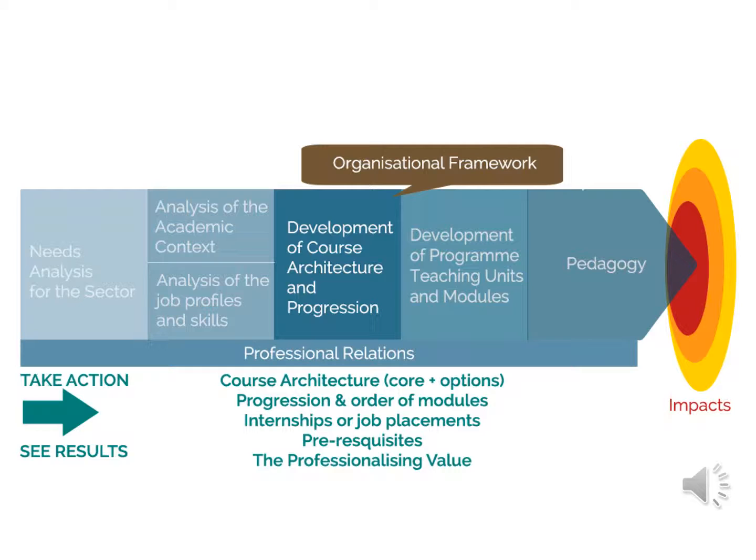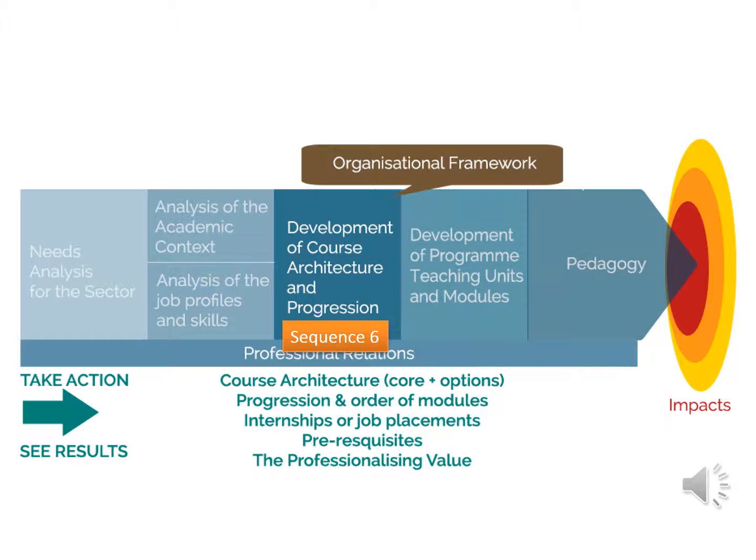Prerequisites for enrollment on the course must be agreed. The interest of job placements or internships will be necessary, and the identification of the added professionalizing value established. The possibilities for group projects and individual projects with professionals could also be identified here.